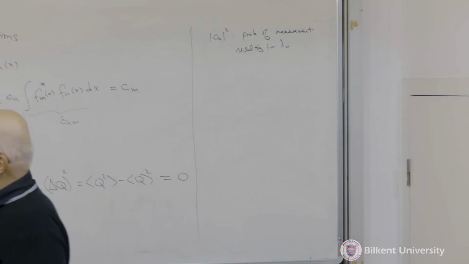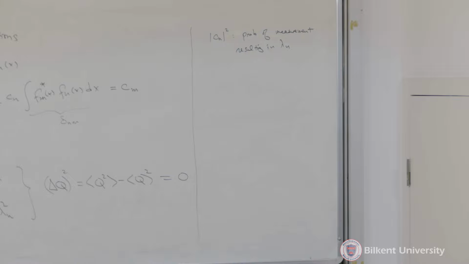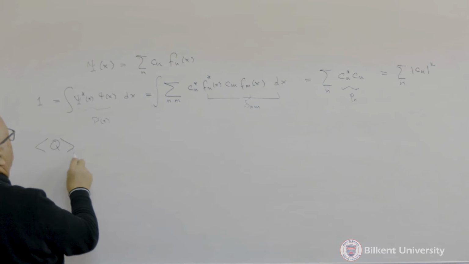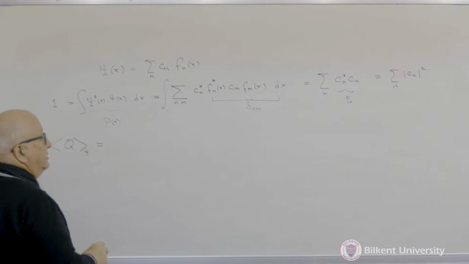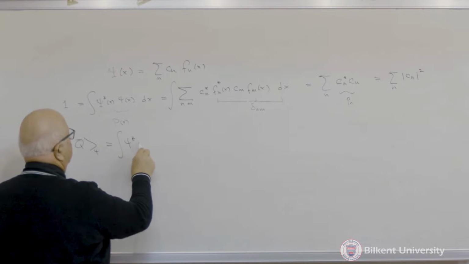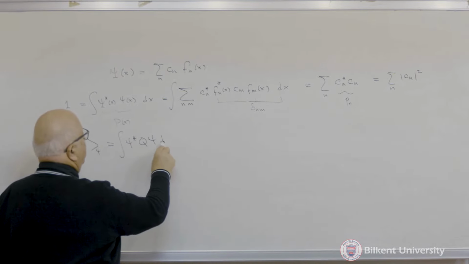Okay, so let's go back. In fact, let's see what the expectation value of q for this psi state is going to be. It's going to be psi star q psi dx.